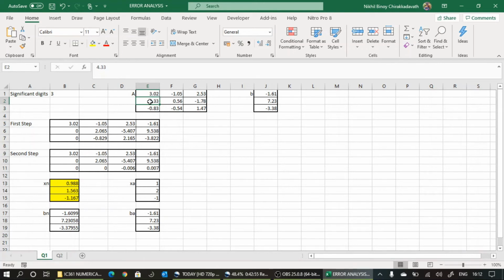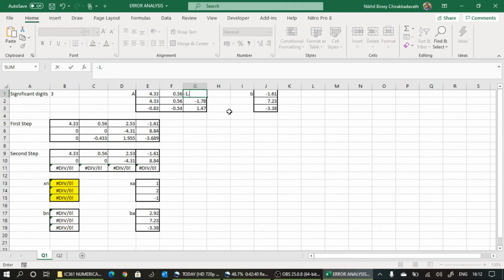What will happen if you swap these two rows? The first row will become 4.33, 0.56, minus 1.78, 7.23.